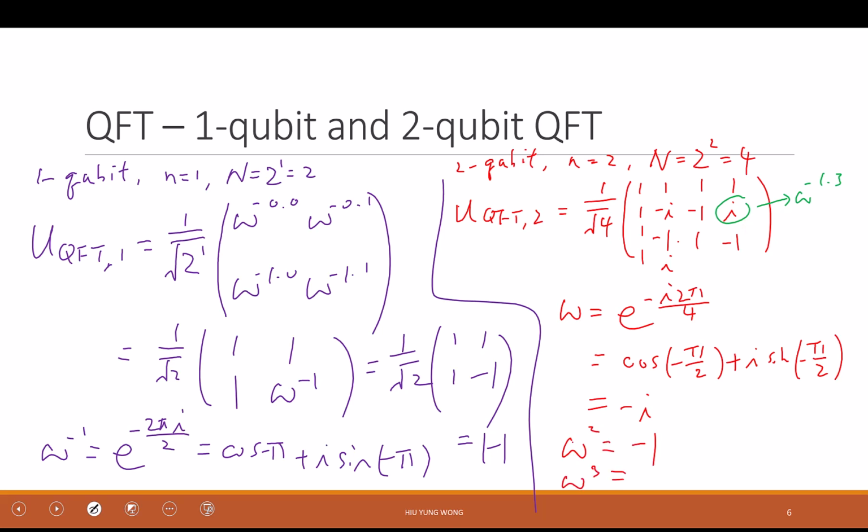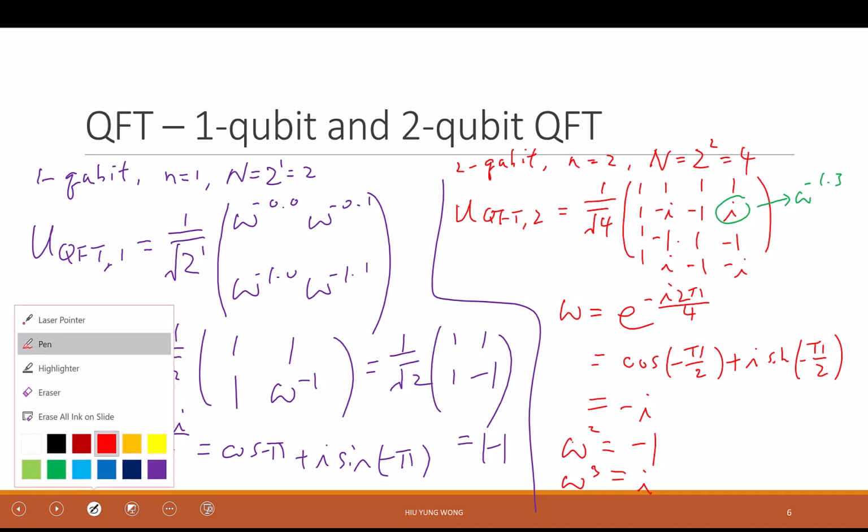Omega cube equals to what? Just multiply. What is negative i times negative 1? It's equal to i, right? So here I am going to multiply, and it is correct, right? 1 times i, and then the next one is negative 1, because i times i is negative 1, and then times i again is negative i.